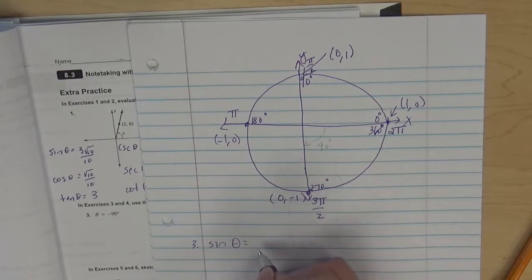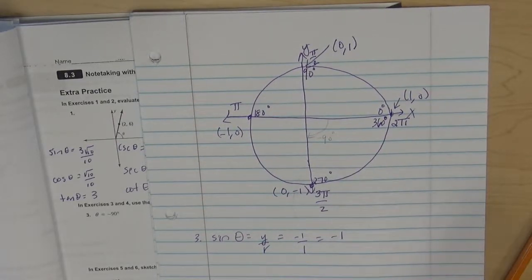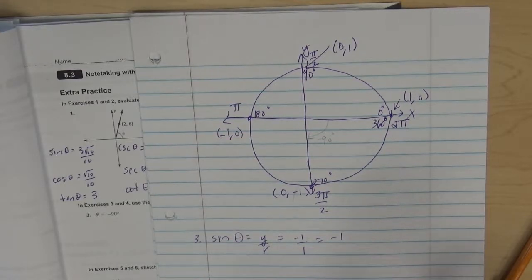So sine we know is y over r. So y here is -1, and the radius is 1, so it's just -1. And by the way, if you're on the unit circle, sine is just the y value because you're dividing by 1 for your radius.